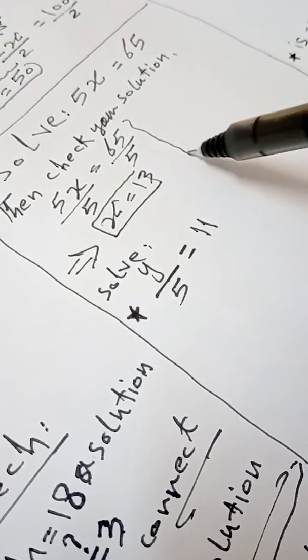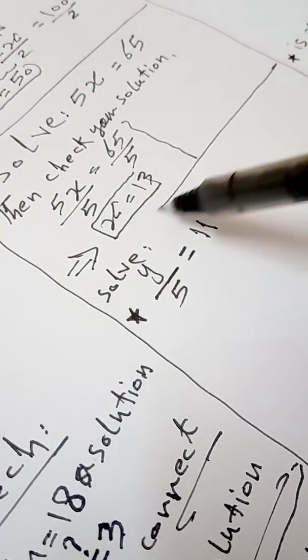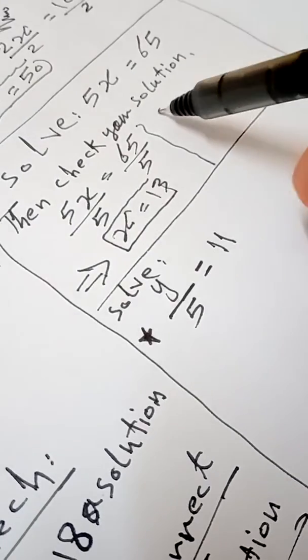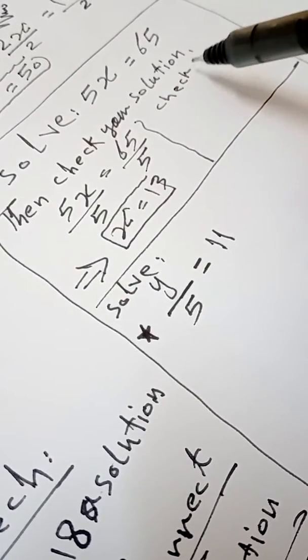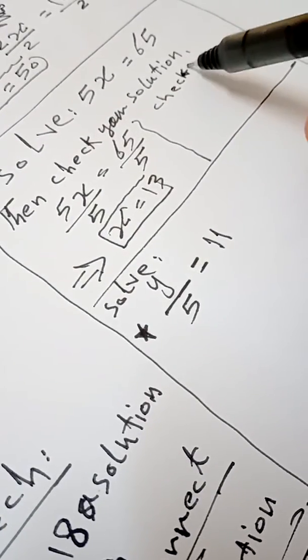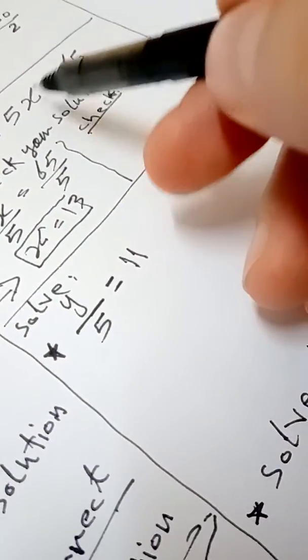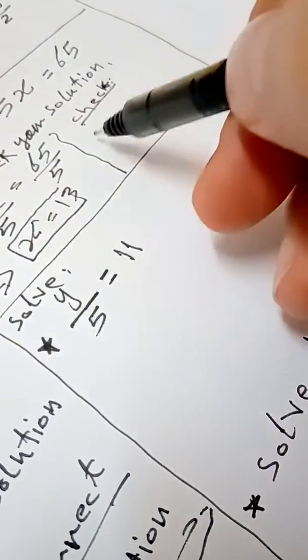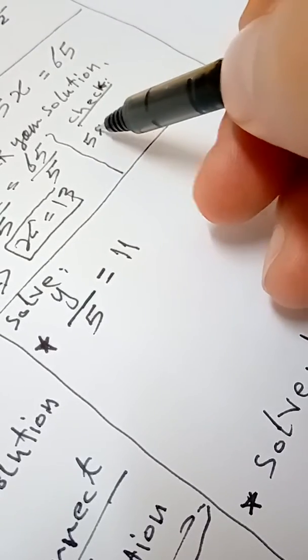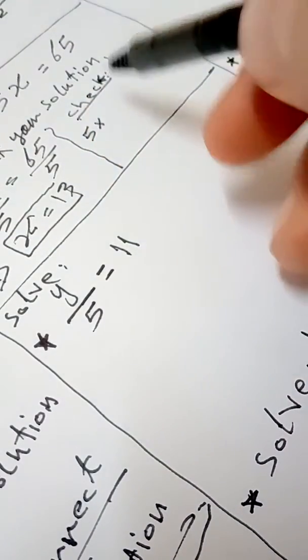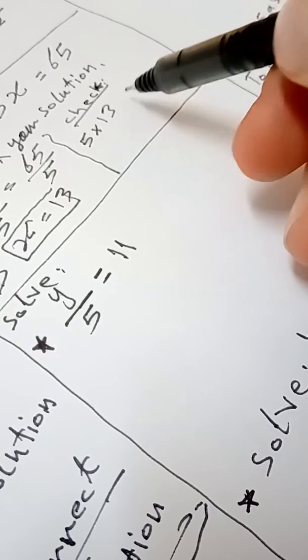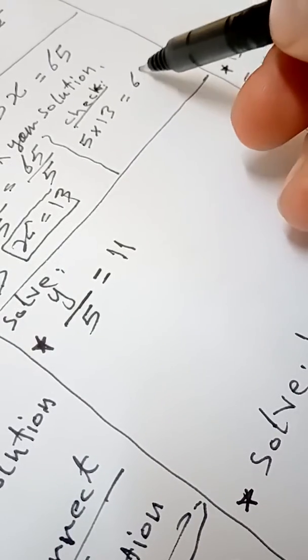How to check? Substitute the value of x, 13. Is 5 times the value of x, now 13, equal 65?